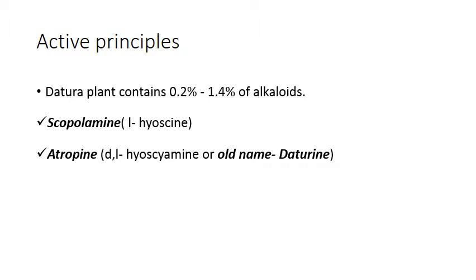In a few of the older textbooks you can also find this name, daturine, as another name for atropine. The third one is hyoscyamine, and the old name for hyoscyamine is duboisine. So daturine and duboisine are the older names used for atropine and hyoscyamine respectively, and you may find these names in some of the older textbooks.